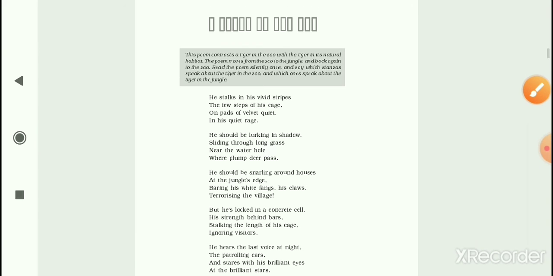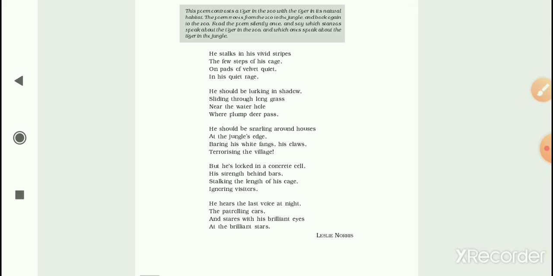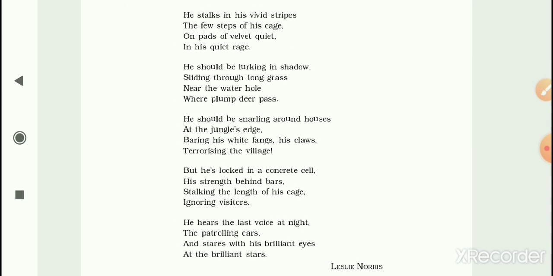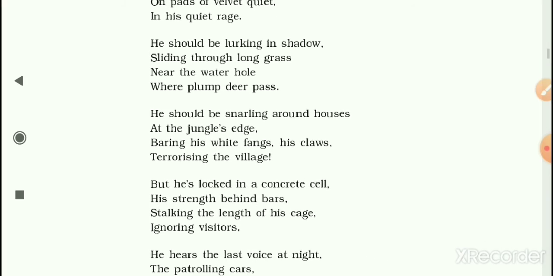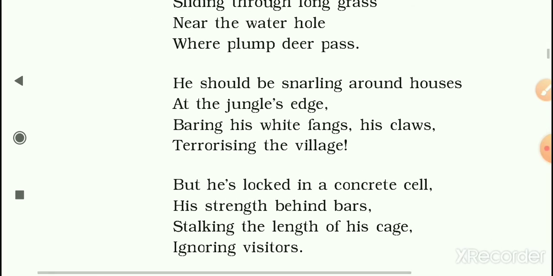In this poem, many poetic devices or imageries are being used. What are imageries? The poet is basically drawing a pen picture.